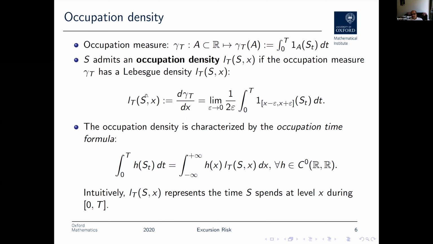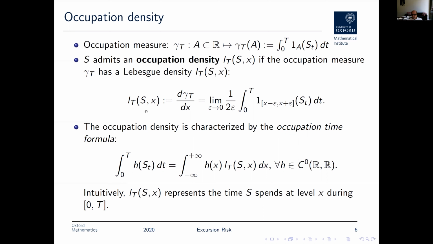The measure has a density really only if the path crosses x infinitely many times and comes back to x all the time. So having a non-zero occupation density means that the path has a very irregular behavior around x.